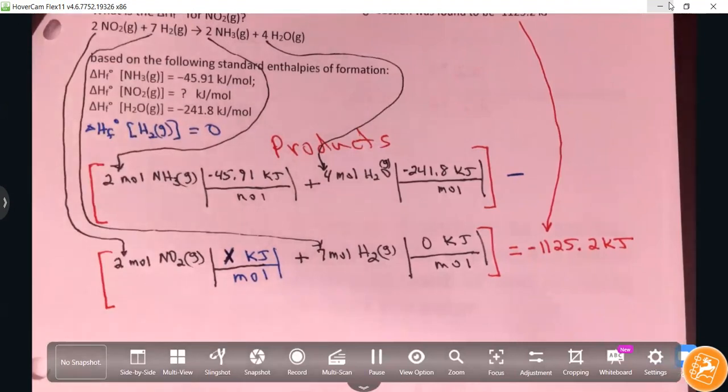Well, it looks like the best thing to do is solve that product number. Let's keep track of signs. So grab your calculator. Let's get that product number.